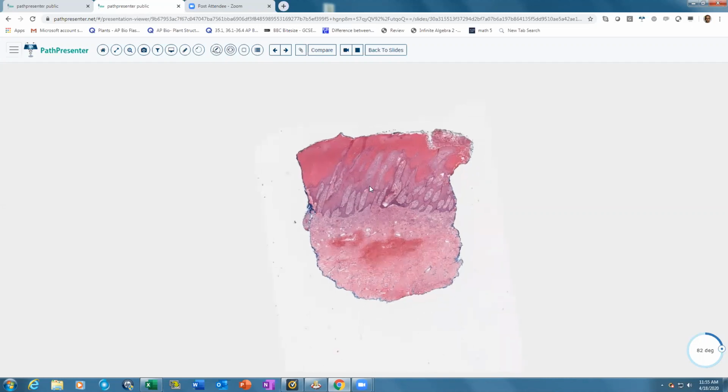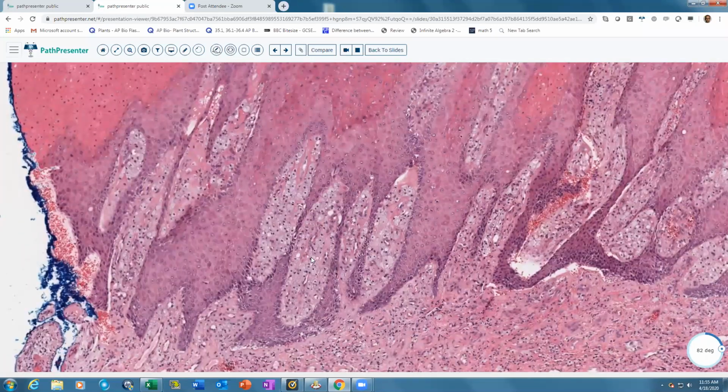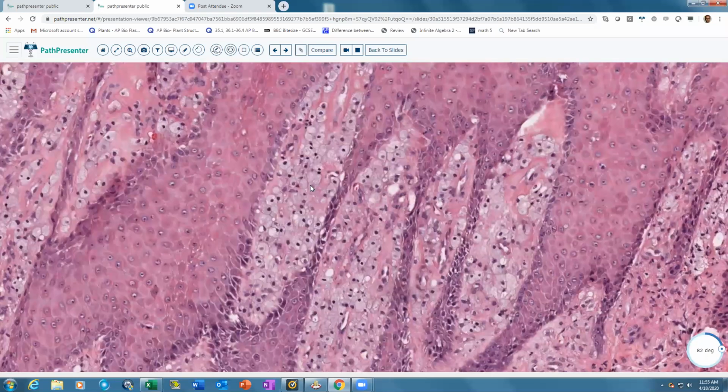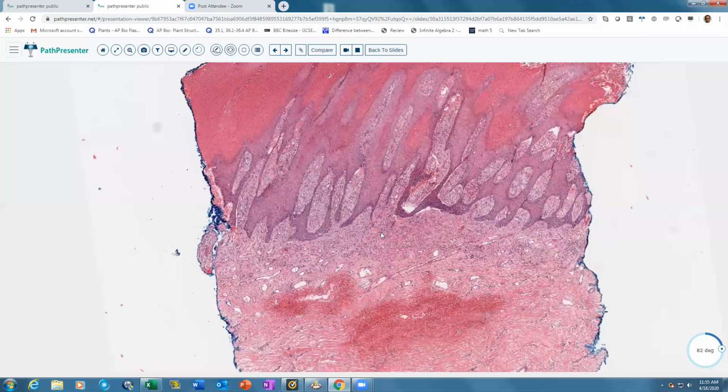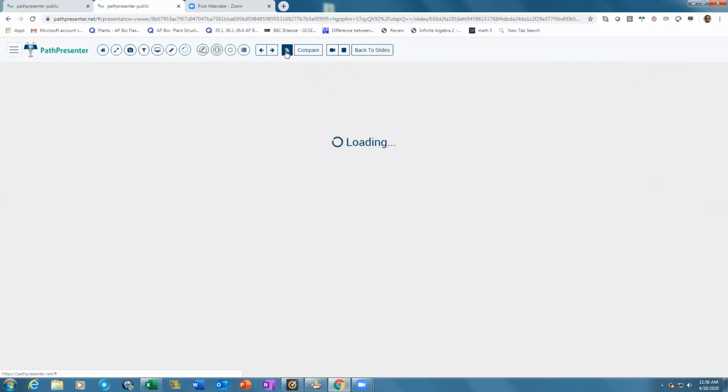And once you start thinking of it, you just need to go high power, and then you look at the dermal papillae, and within the dermal papillae, you're going to see this collection of foam cells. And when you see these two in combination, then the diagnosis is verruciform xanthoma. These tend to present either in the oral cavity or the genitalia, but characteristically, this should give it away that you're dealing with verruciform xanthoma.